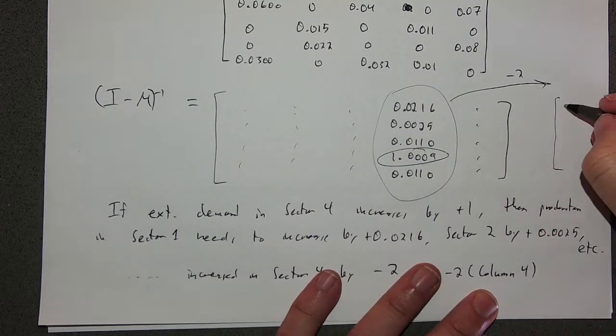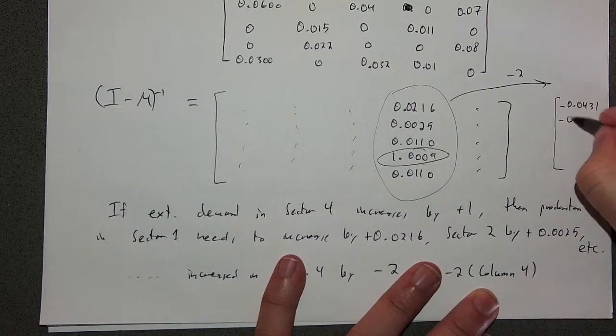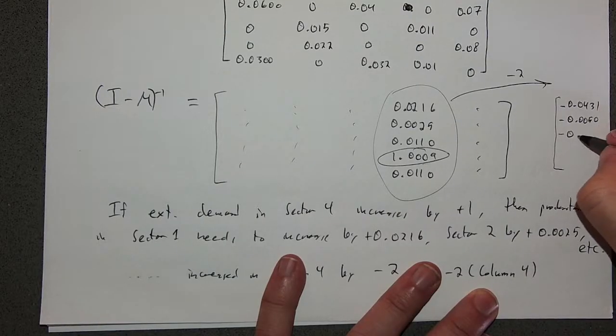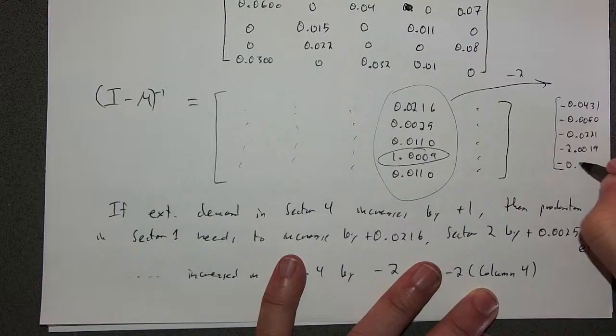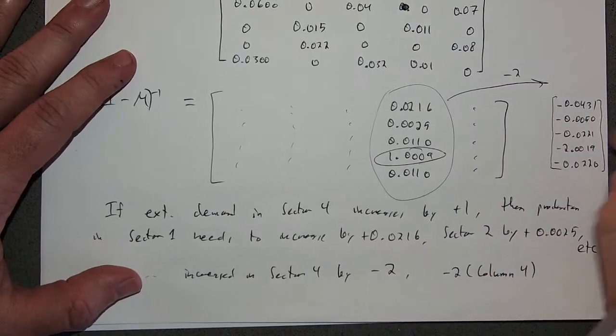I would get minus 0.0431, minus 0.0050, minus 0.0221, minus 2.0019, and minus 0.0220. Now, why shouldn't I be too worried about these minus entries?